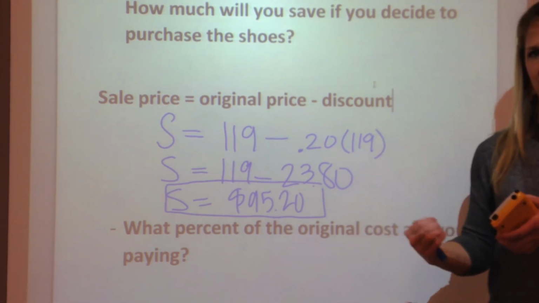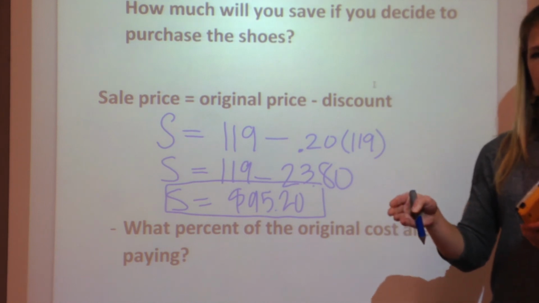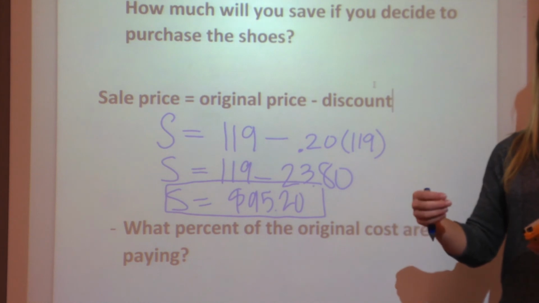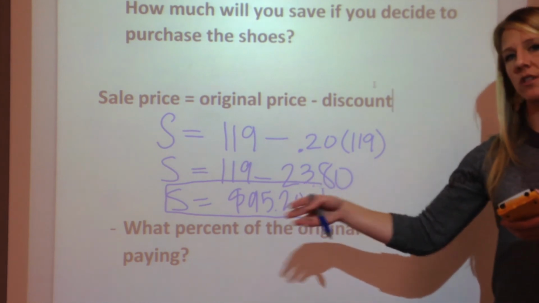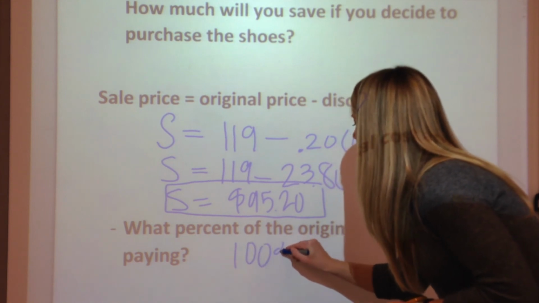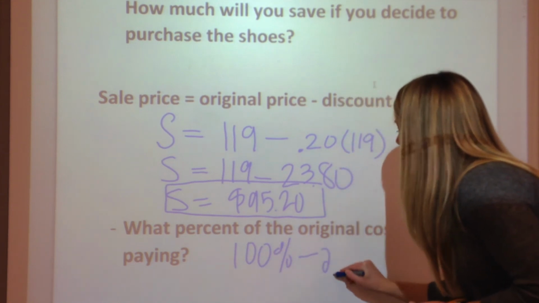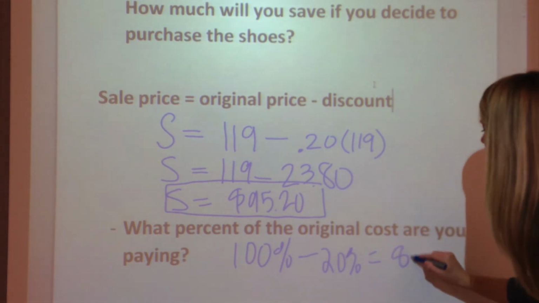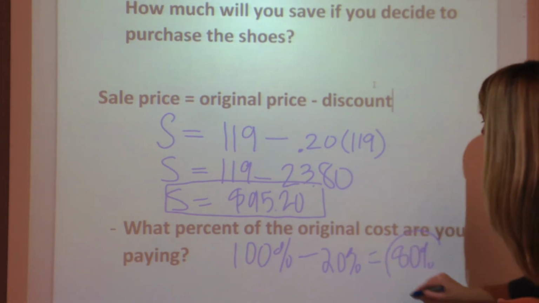We're paying 20% less than the whole amount. So 100% is what we start with. We're taking away 20%, so we are actually paying 80% of the total price. So the original amount was 100% minus the 20%. So we are paying 80% of the original cost.